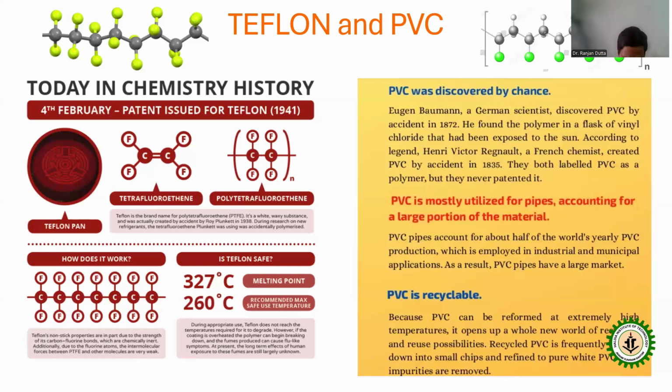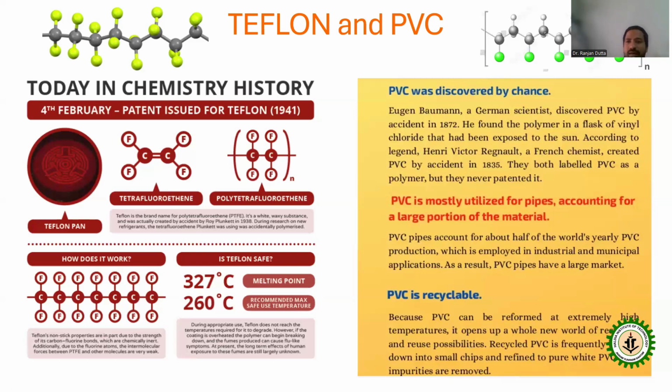It is prepared from vinyl chloride by a free radical mechanism. And importantly, PVC is recyclable. Because PVC can be reformed at extremely high temperature, it opens up a whole new world of recycling and reuse possibilities. Recycled PVC is frequently broken down into small pieces and refined to pure white PVC after impurities are removed.